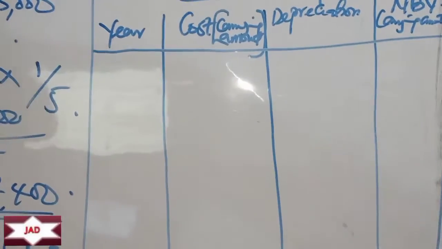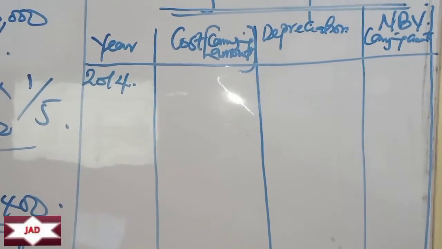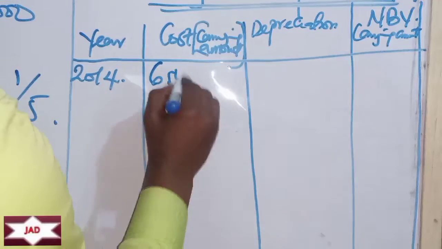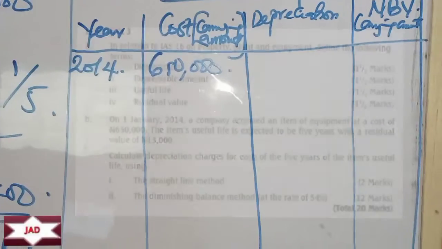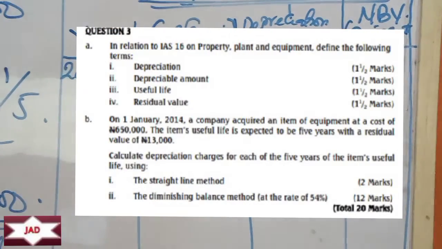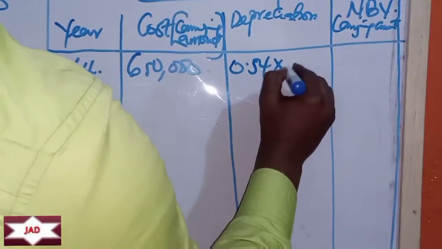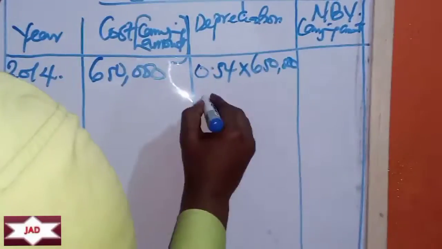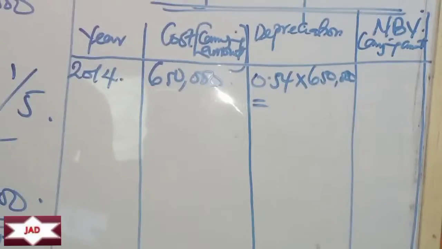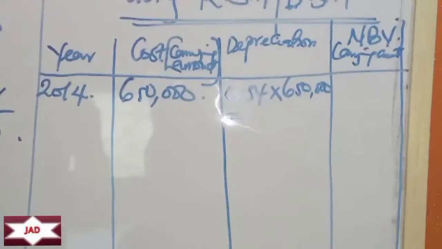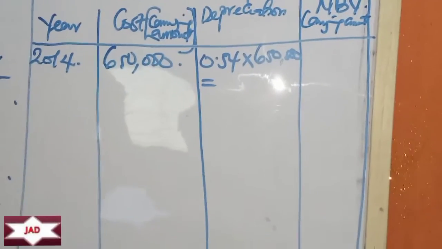So the first year there, which is 2014, the cost is 650,000. So what's the depreciation? The question said we should use 54%. So we say 0.54 times 650,000.